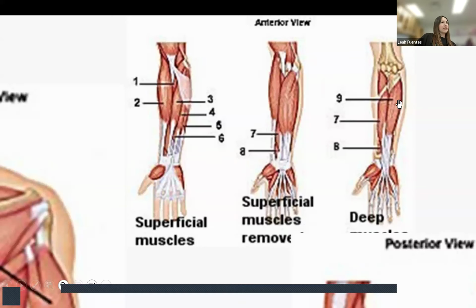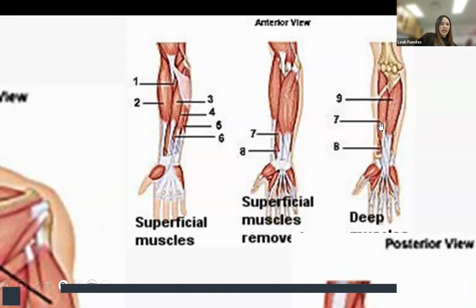Do you guys remember talking about that one? Okay, and then let's move to number 7 here. Somebody know what this one is? Again, flexor or extensor. Flexor. This one is going to be the flexor pollicis longus.